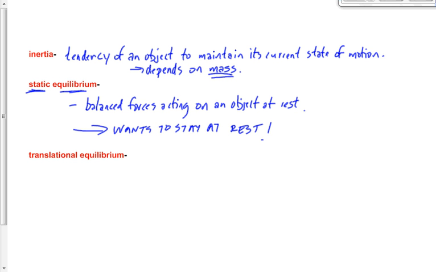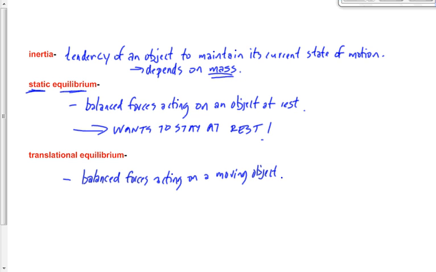Translational equilibrium means we have balanced forces acting on an object that's moving. If the forces are unbalanced, then the object that's moving will accelerate.